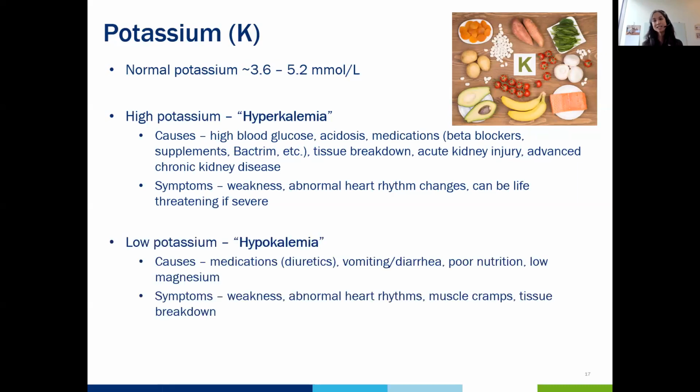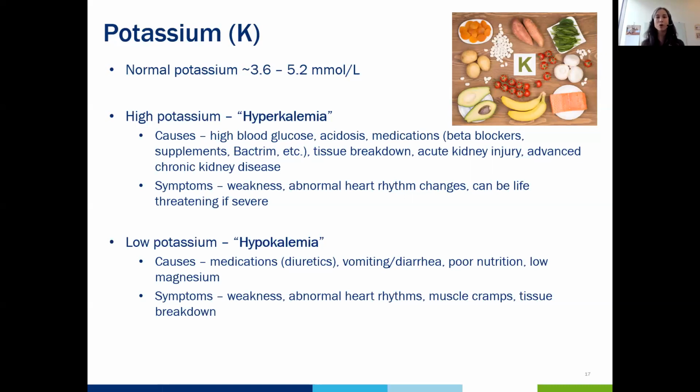On the opposite end, if you have low potassium, that's called hypokalemia. Common causes, again, medications, especially things like diuretics. If you're on chronic diuretics like Lasix for blood pressure or for your heart, it can often cause loss of potassium in your urine. If you're experiencing things like vomiting, diarrhea, or not eating well, that can also cause low potassium levels.